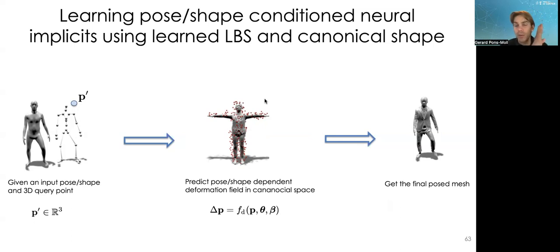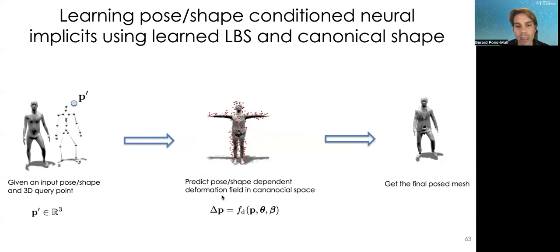So basically, it starts from the pose space and applies a series of transformations in order to evaluate the occupancy in the canonical space. So how this works: you start with a point in the pose space, and then you unpose it. We will see how to do this. The network needs to predict the skinning weights to do that.